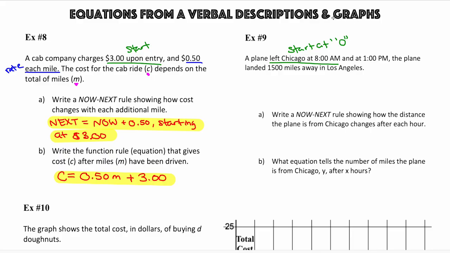So on here we need to find the rate, our rate of change. We have time and distance. Our independent variable will be the amount of time, and then our dependent variable is how far away. So that would be our miles.